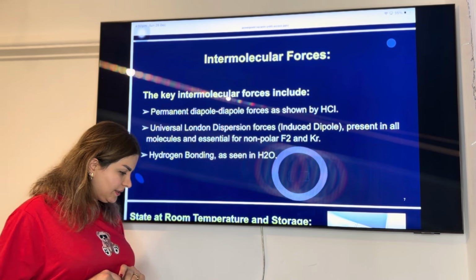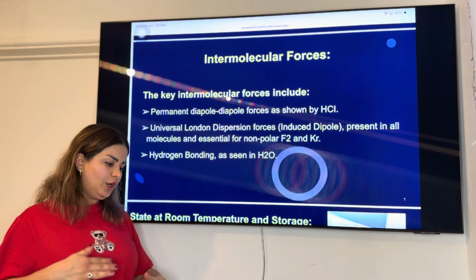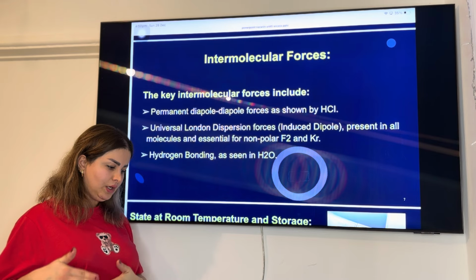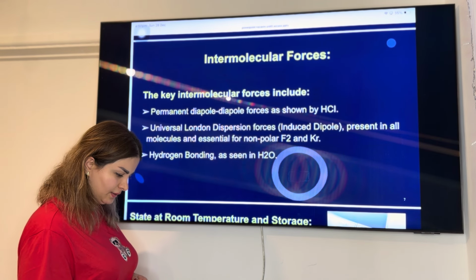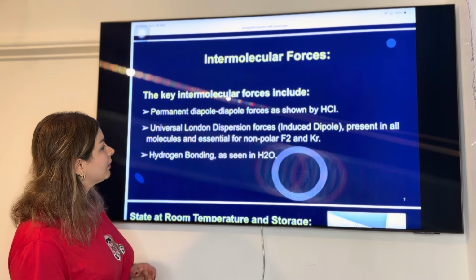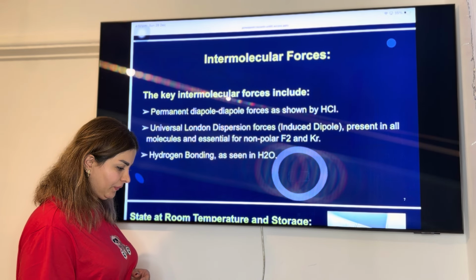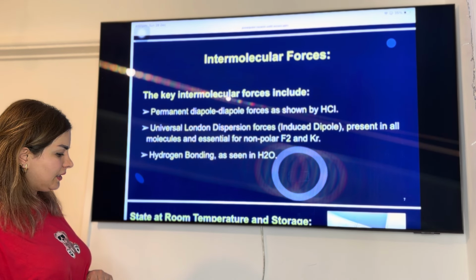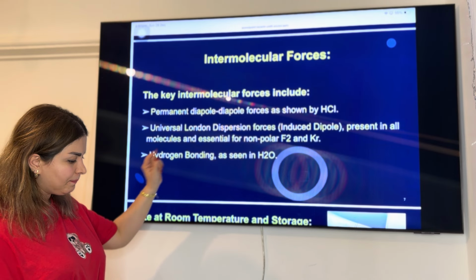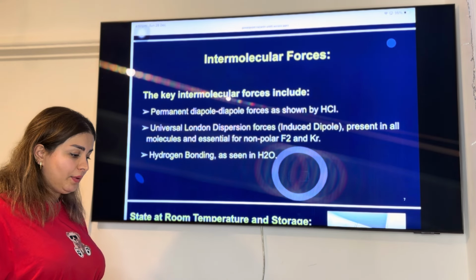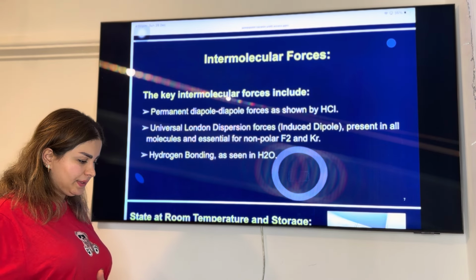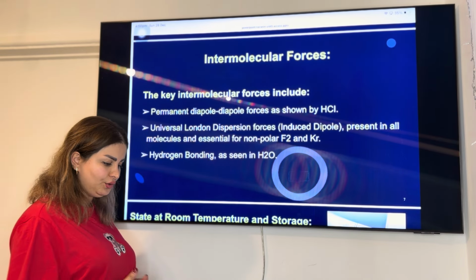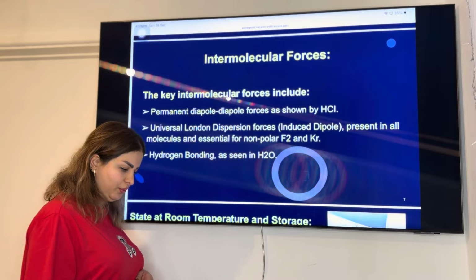All particles experience London dispersion forces, which are especially important in substances like fluorine and krypton. Hydrogen bonding is the strongest type of intermolecular force, and explains why substances like water have unusually high boiling points.